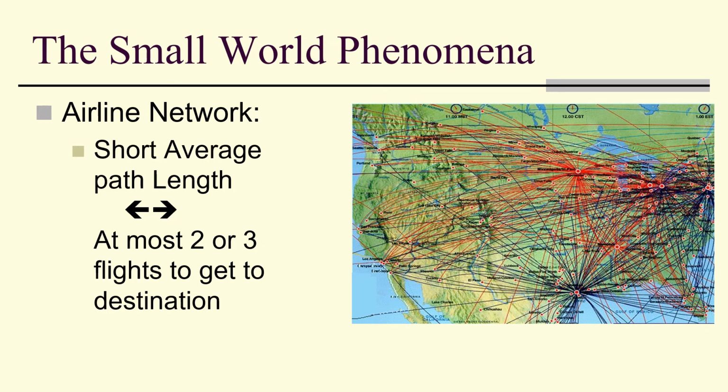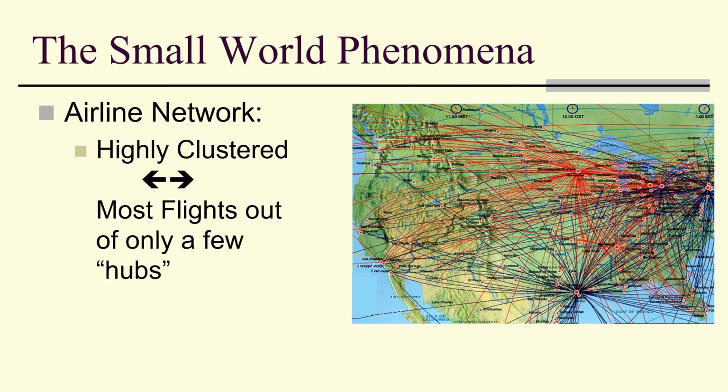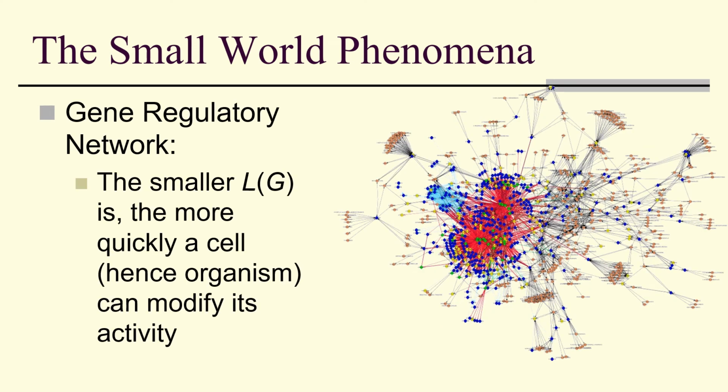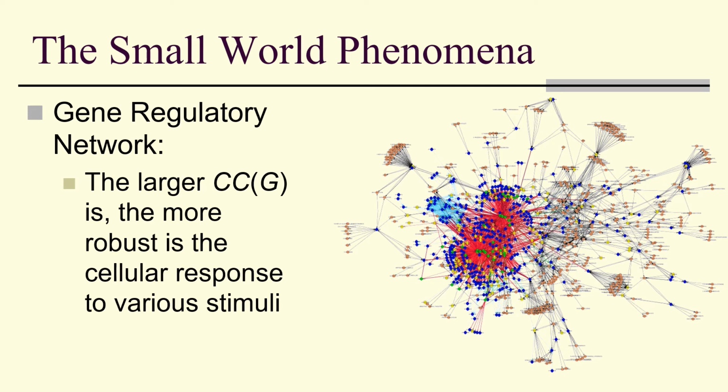For instance, an airline network has a short average path length. In other words, you need at most 2 or 3 flights to get to your destination. It's highly clustered because most of the flights are out of only a few hubs. Gene regulatory networks, again, the average path length is small, but the clustering coefficient is large because it's related to the cellular response.